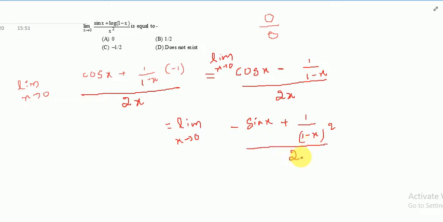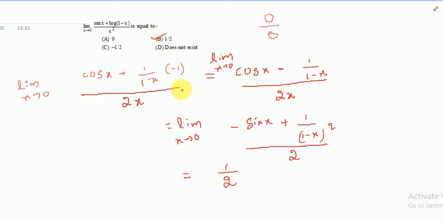The denominator will be 2. Now we can apply x tends to 0. Sin 0 will be 0. Therefore, this term will be 1 divided by 1 minus 0, which is 1, divided by 2. The answer is 1 by 2, option B.